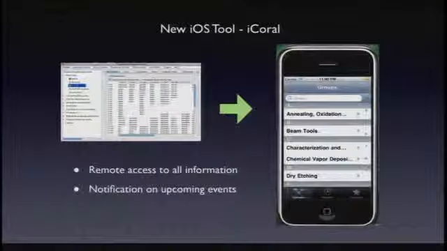So what I did is I made an app which does something similar to Coral. With this app, you can access the status of all the equipment in the lab, and you can set notifications to notify yourself when your reservation is coming or when some other people's reservation is coming.